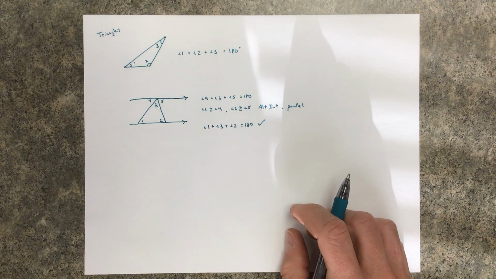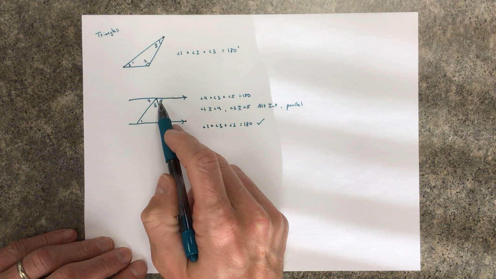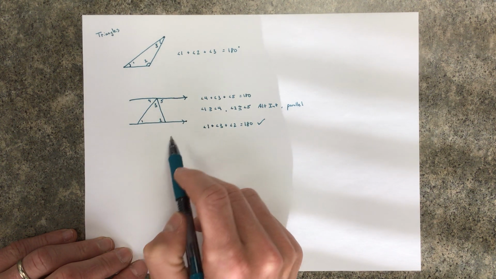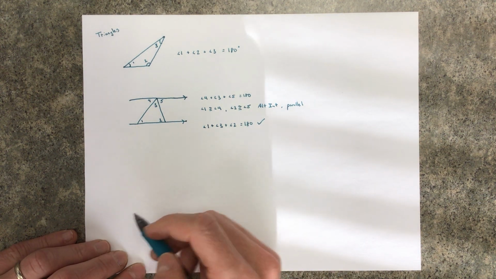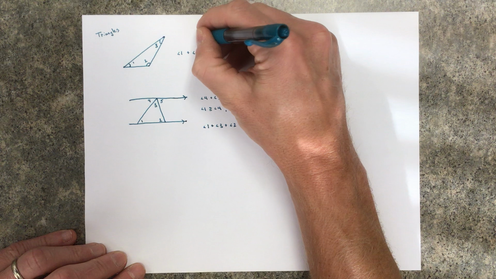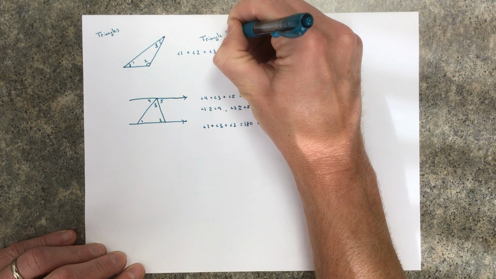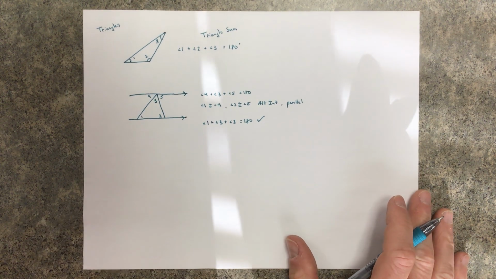No matter where I would have put that point, 1 and 4 are always the same, 2 and 5 are always the same, 3 plus 4 plus 5 has to be 180, so then 1 plus 2 plus 3 also has to be 180. I'm sure there are other proofs, but that's a fun proof of the triangle sum, which we know relates to the three angles of a triangle.